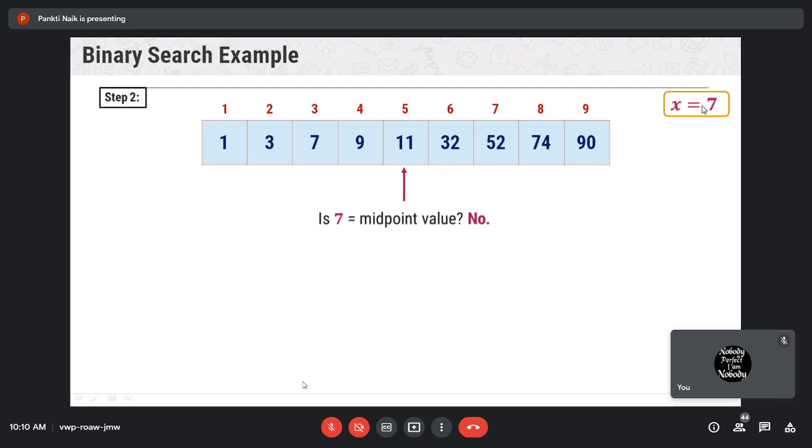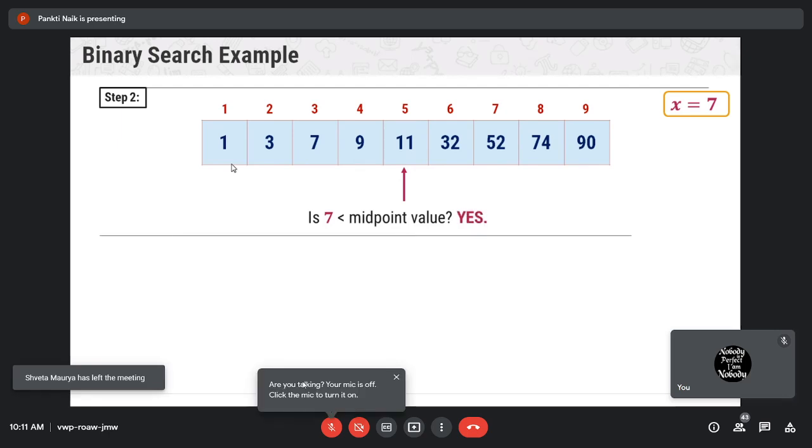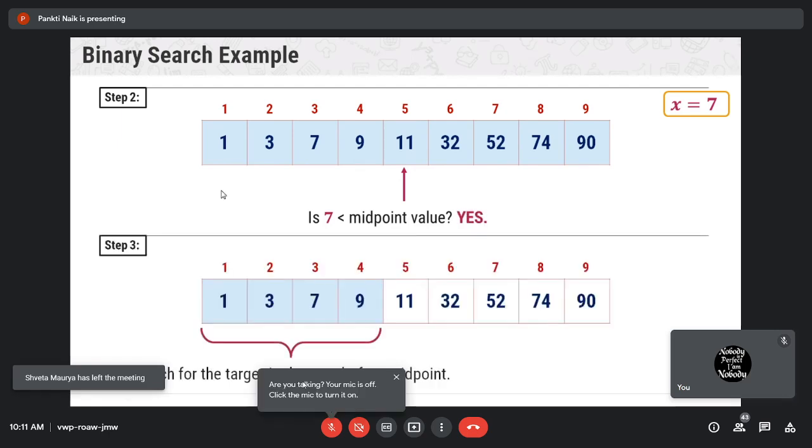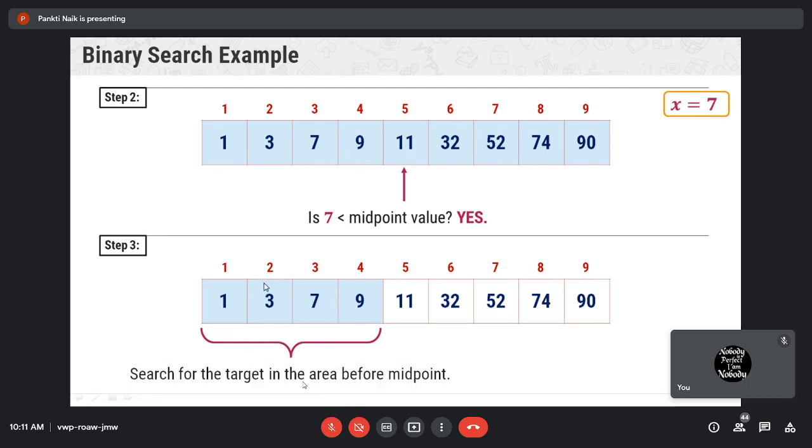Here our key value is less than the midpoint value, so we have to search in the left sublist. Is 7 less than the midpoint value? Yes. So find it in the area before the midpoint, known as the left sublist.